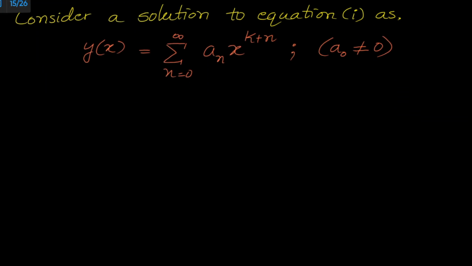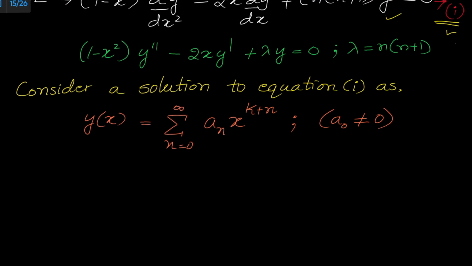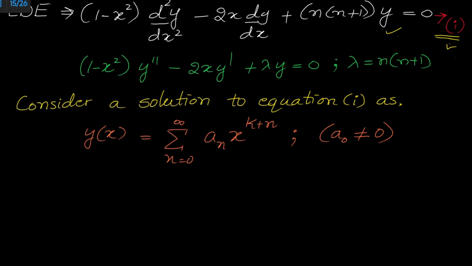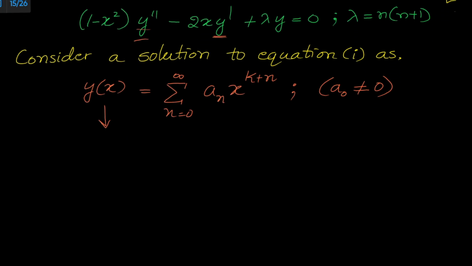Now, since we are considering y of x as a solution to the Legendre differential equation, and since I have y double dash and y dash in the differential equation, I need to differentiate this y of x. So I'll differentiate the equation with respect to x to find y dash of x.